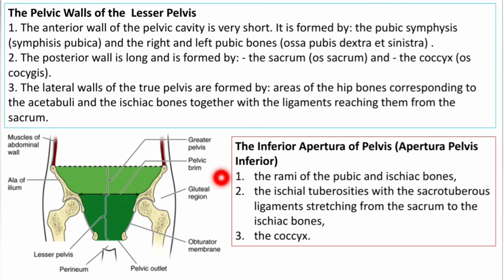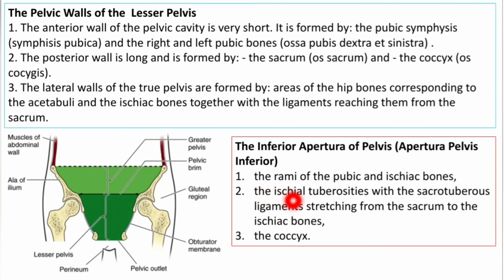We talked about the pelvic brim or inlet. Now the outlet or the inferior aperture. The inferior aperture of the pelvis, apertura pelvis inferior or outlet, is formed by the rami of the pubic and ischial bones.